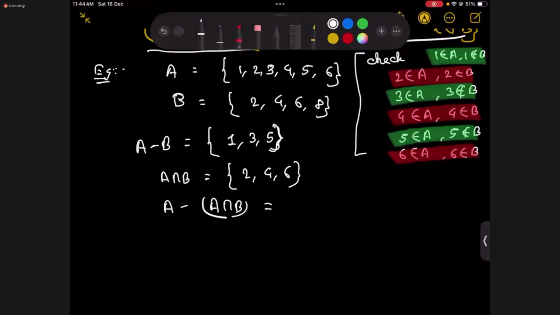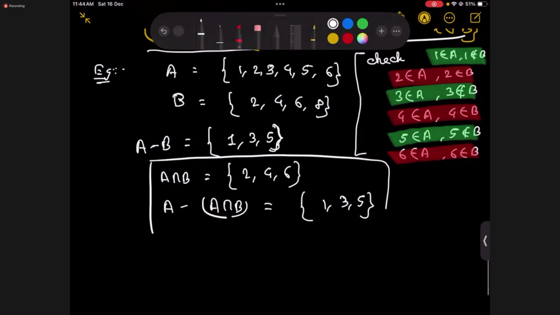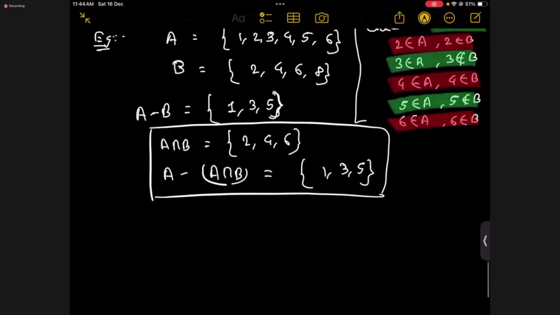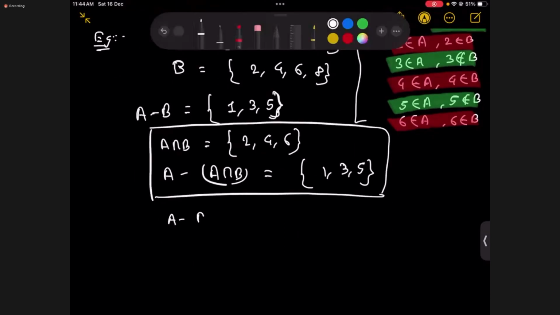By a similar process we can do it, and we will get 1, 3, 5. Okay, so these two sets are the same. A minus B equals A minus A intersection B.